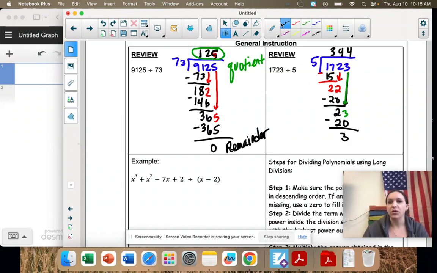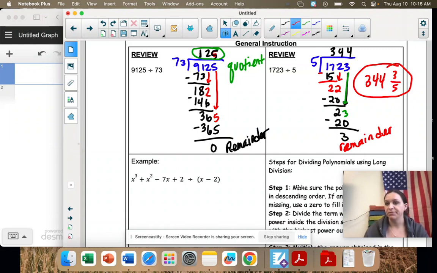And this time we have a remainder, which, remember, if we were to write our answer, it would be 344, and then we would put our remainder over what we're dividing, 3/5. That would be our answer. So when we have a remainder, we create fractions.